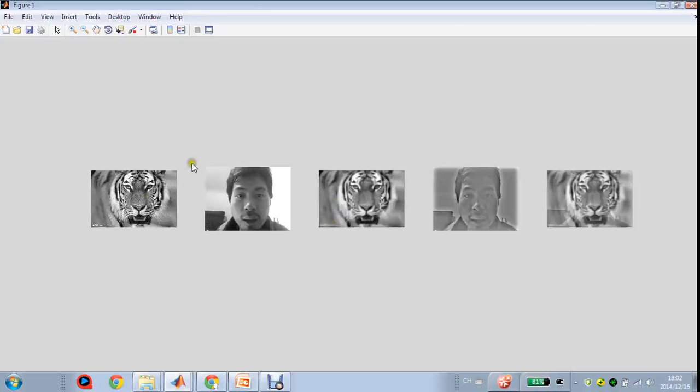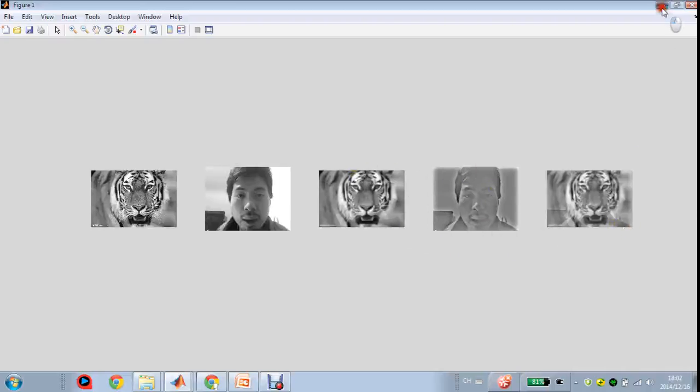So this is the input image, tiger and my face, and this is the processed picture, tiger and my face, and this is the final output, which combines the processed figure of the tiger's face and my face.